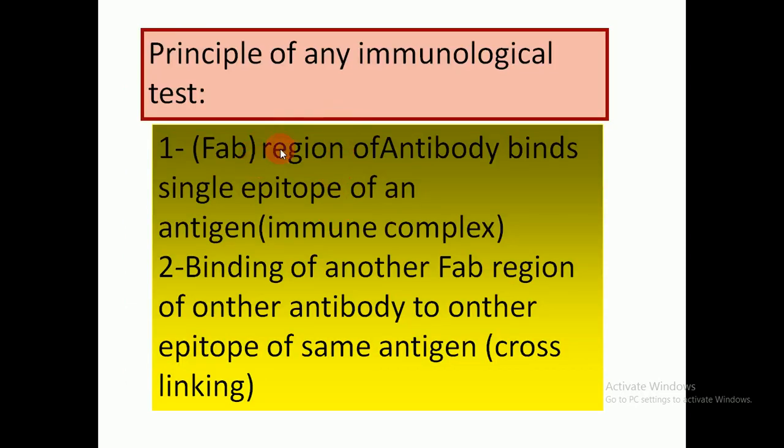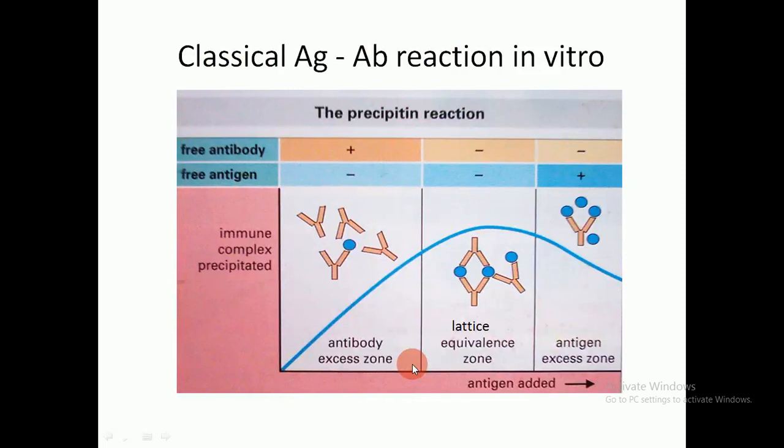The principle of any immunological test is, first of all, the Fab region of the antibody binds to a single epitope of an antigen, leading to formation of an immune complex. And the second step, binding of another Fab region of another antibody to another epitope of the same antigen, which is called cross-linking.